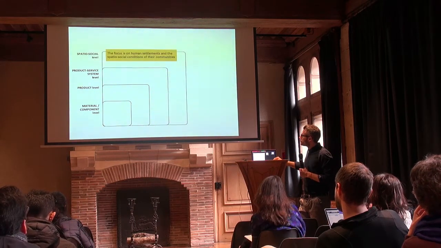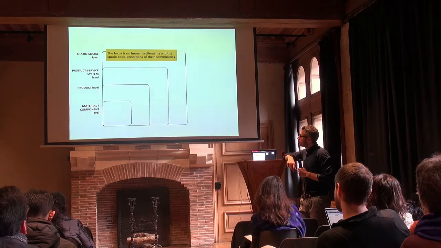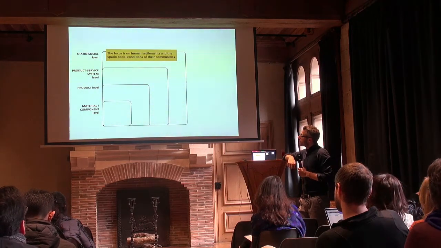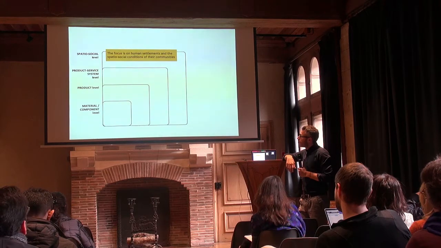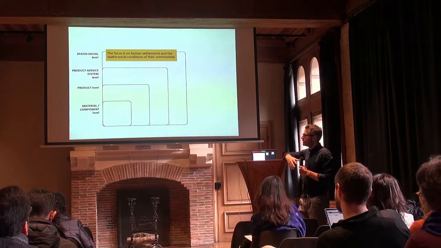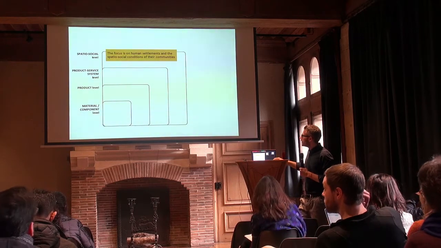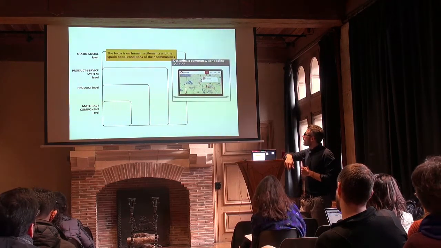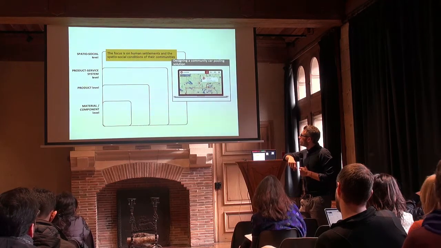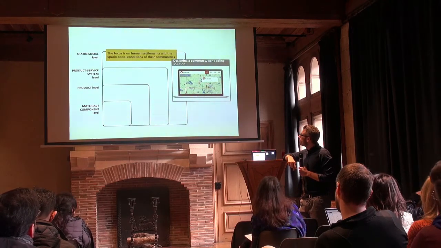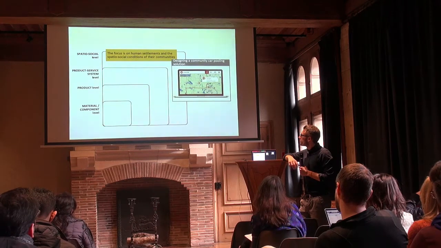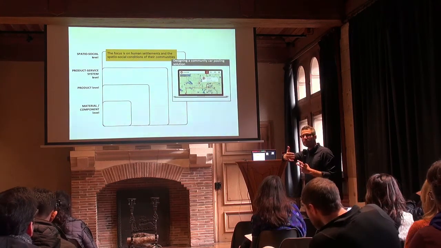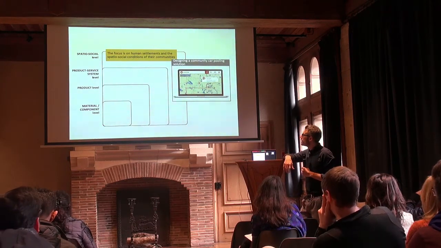Then the next level is what we call the spatial social level. So essentially focusing on human settlements and the conditions of the communities that live in those settlements. An example related to mobility is these community carpooling platforms, which allow people living in the same neighborhood to share lifts.